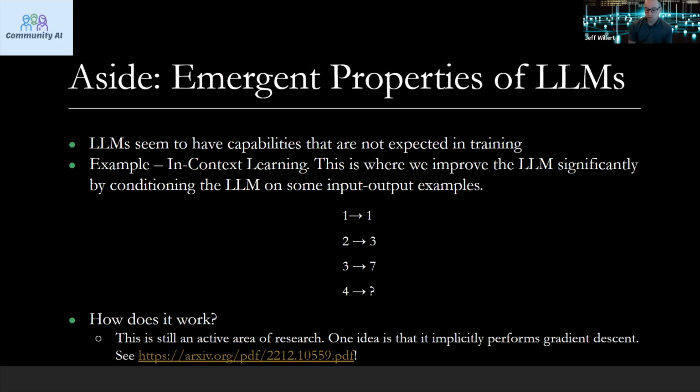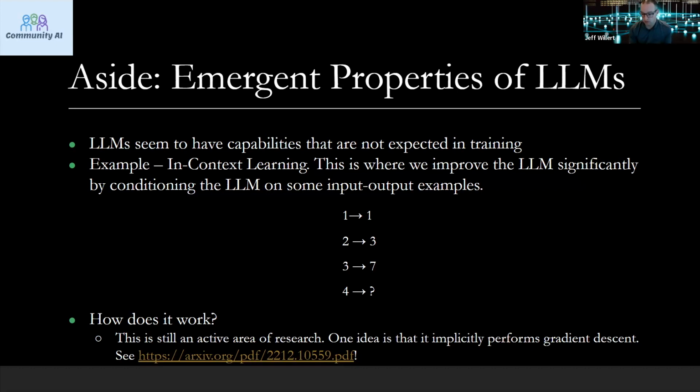This is a really cool idea as well, and something I mentioned a few slides back. There are some emergent properties of large language models that we didn't really expect. One of these is called in-context learning, where the model can perform better than expected by conditioning the LLM on some input-output examples.